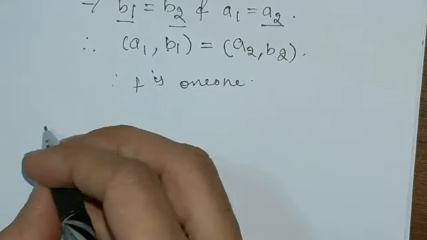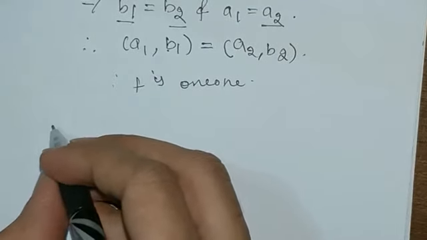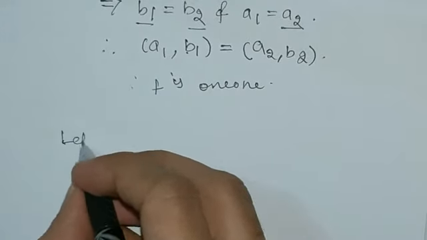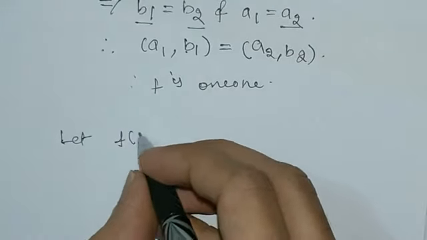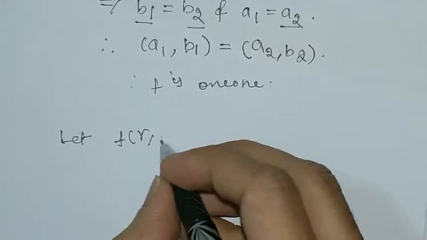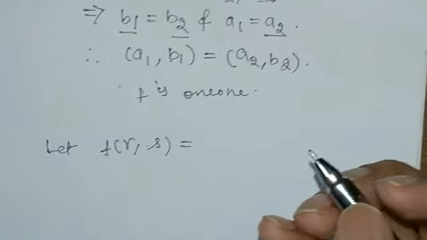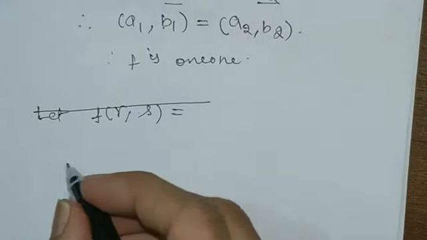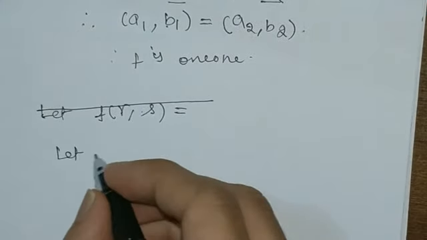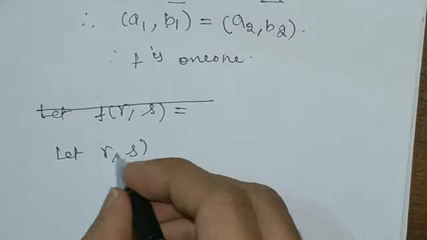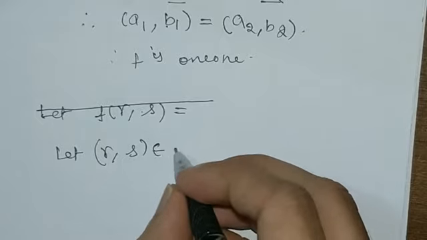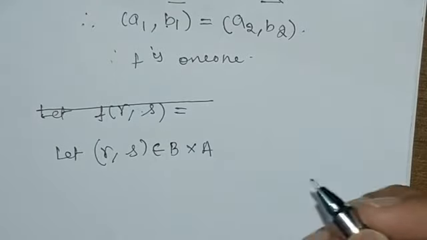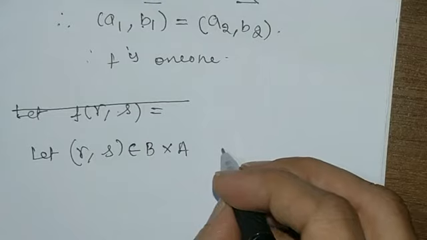Now we have to prove that f is onto. So first you take an element (r, s) belonging to the codomain, which is B cross A. This is the codomain which you have.